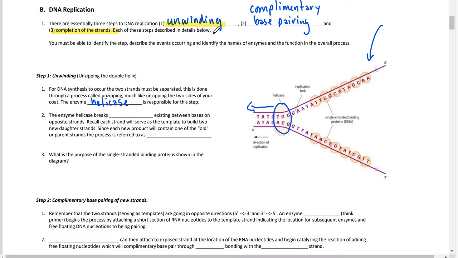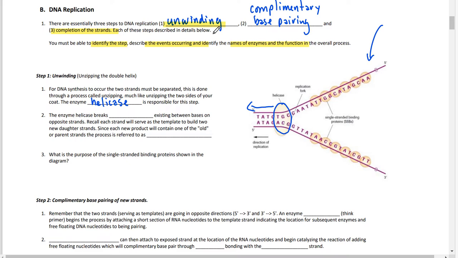So as we go through all of these stages, what you want to be thinking about is you want to be able to identify what the step is. So in this case, step one, we're unwinding. You want to be able to describe the events occurring, and you want to be able to identify the names of the enzymes and their function in the process. So we've got step one, unwinding.